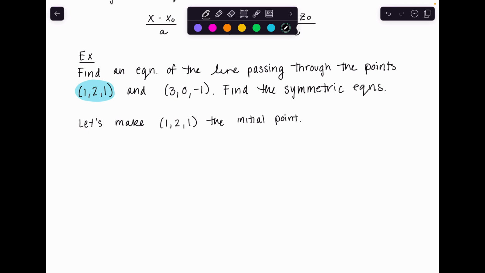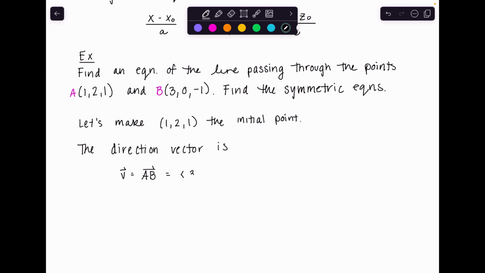Okay. Now I need the direction this line is headed. But since I have those 2 points, we just take the difference of them. So let's call this point A and this point B. Then the direction vector of this line is V, which is from A to B. So all you do is take one point and you subtract the other.